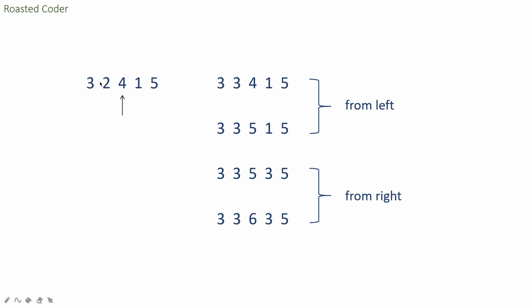We added 1 to this index because we can subtract 2 only one time from this index. We will keep all those values and add the coming value to that index.